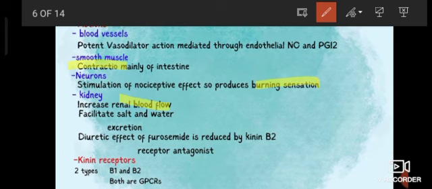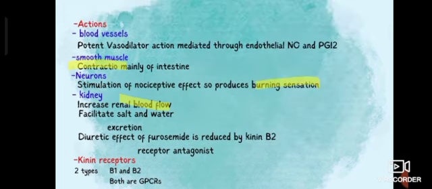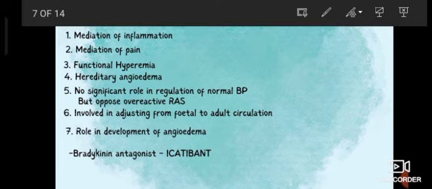Now, kinin receptors are of two types, B1 and B2. Both are G protein coupled receptors. Pathophysiological roles are mediation of inflammation, by facilitating production of interleukin 1 and tumor necrosis factor, and mediation of pain by increased production of prostaglandin.